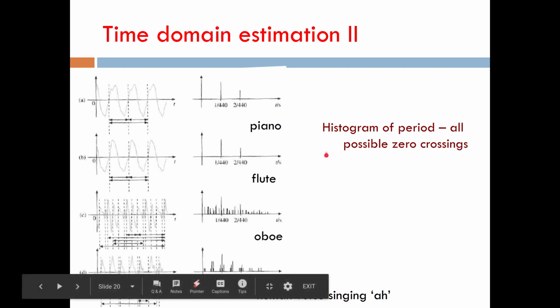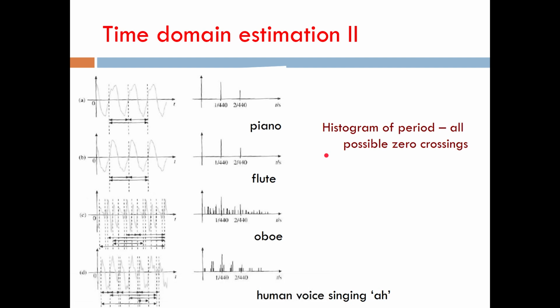Now in this method, we plot the histogram of all possible zero crossings. For example, in the piano, this is one zero crossing, and this here can be considered another zero crossing. So basically an even number of zero crossings constitute one zero crossing.